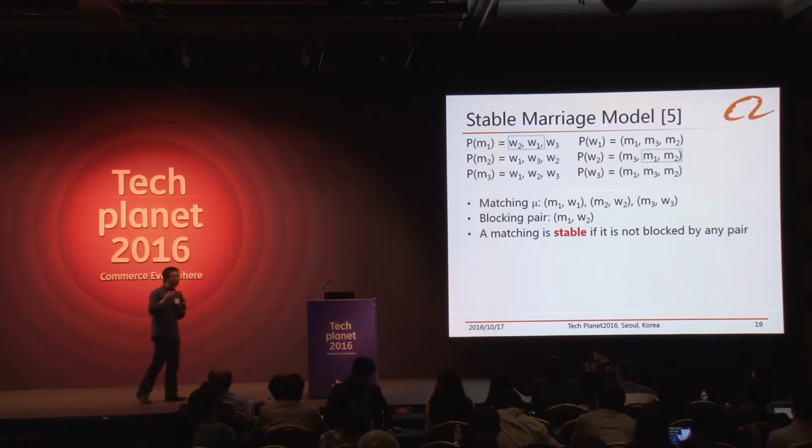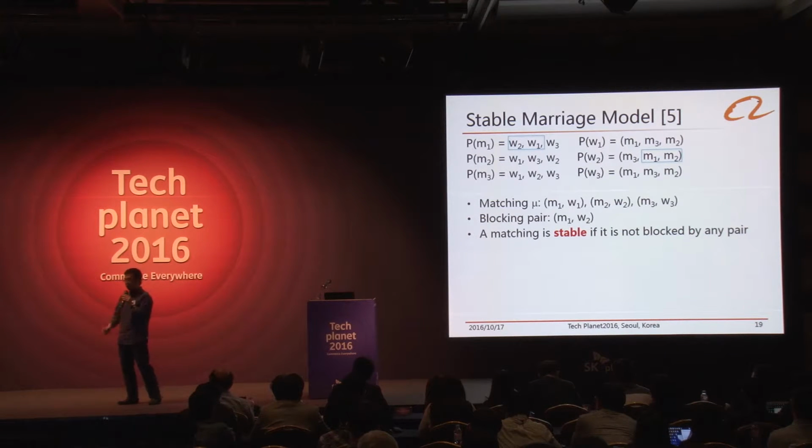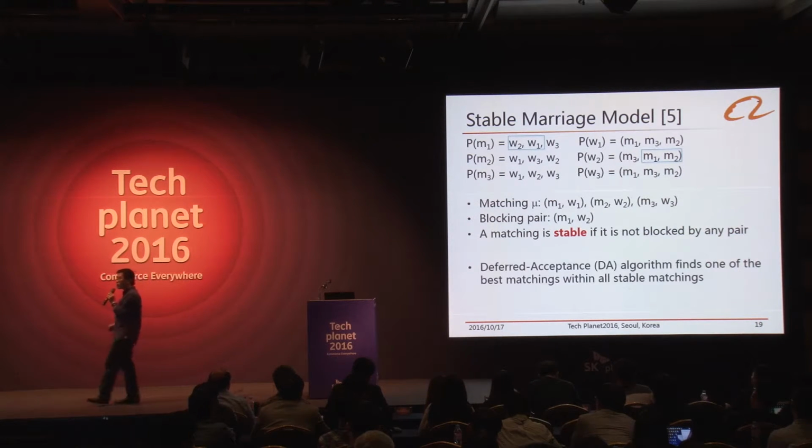That causes very unstable results, and that is a bad matching result. Okay? So therefore, a good matching has to be a stable matching. A good matching has to be such that you do not find those blocking pairs. And that's the essential idea behind all of stable matching theory. But the question is, how am I going to find such a stable matching?